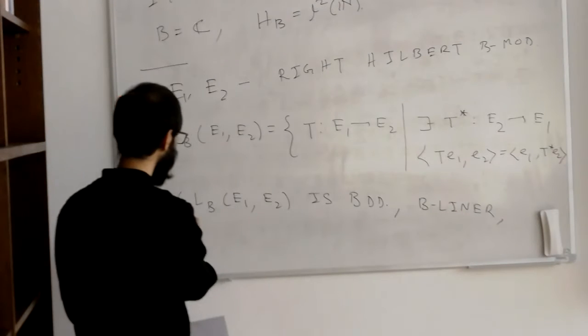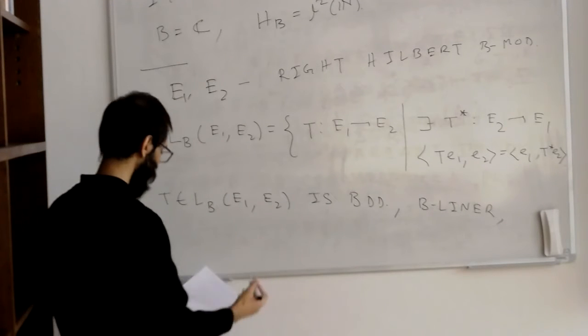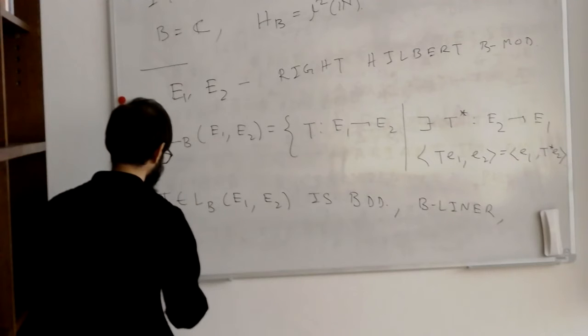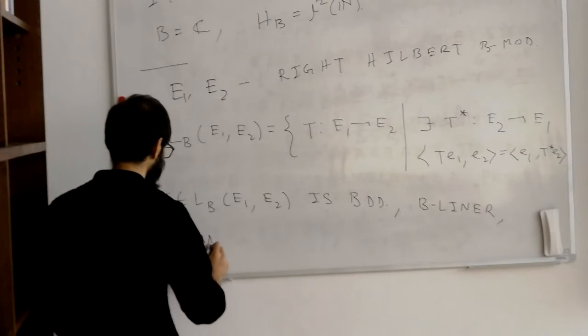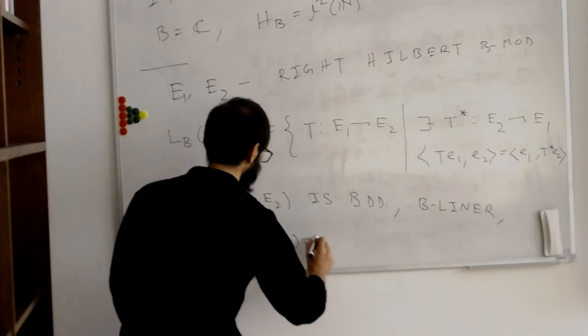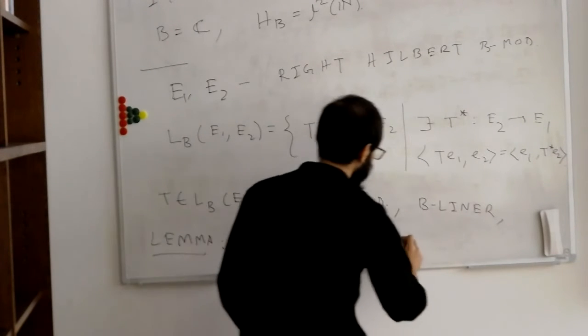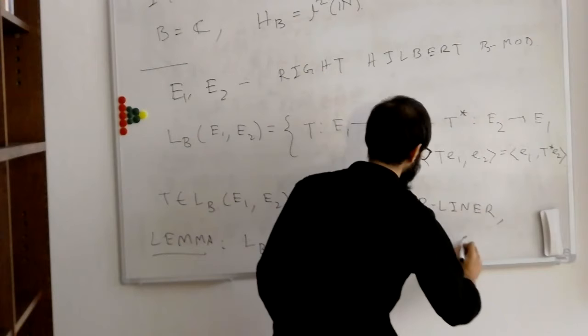Since T is bounded with respect to the norm, it lets you define the operator norm, and the lemma says that L_B(E, E) is a C*-algebra.